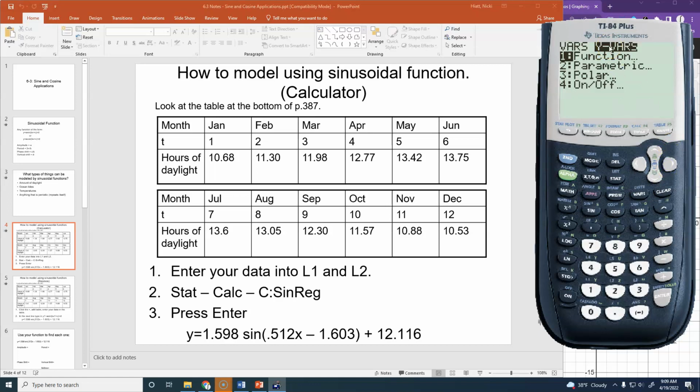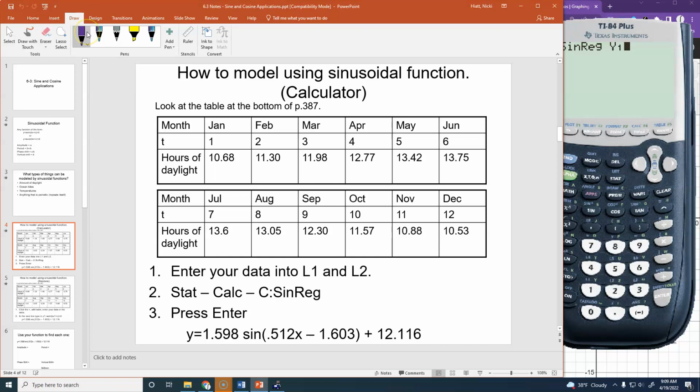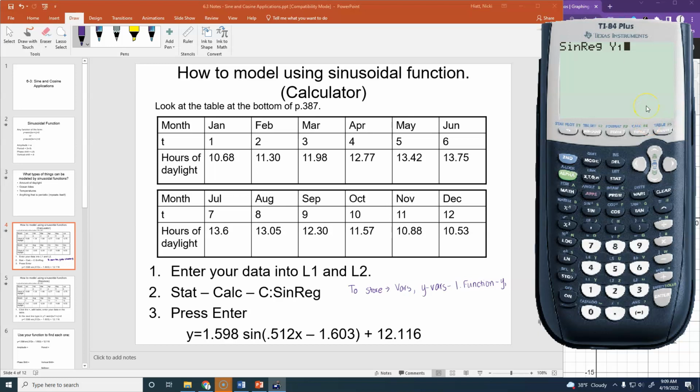Go over to Y vars, then function, and then Y1. Sometimes you don't really need to store it. It just depends on if they're using that to ask questions.